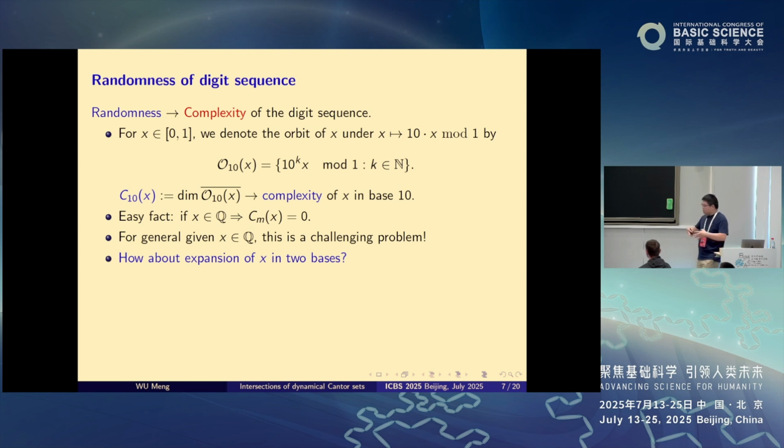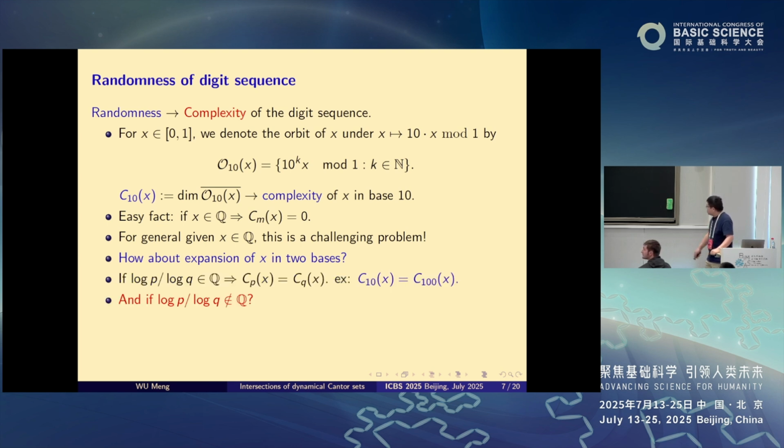This sounds like it makes the problem more difficult, but there's some interesting phenomenon here. So say p and q, you want to look at the expansion of a number in base p and base q. In this case, you have 2 different situations.